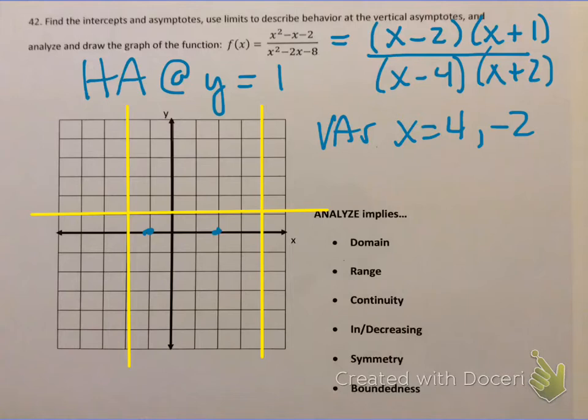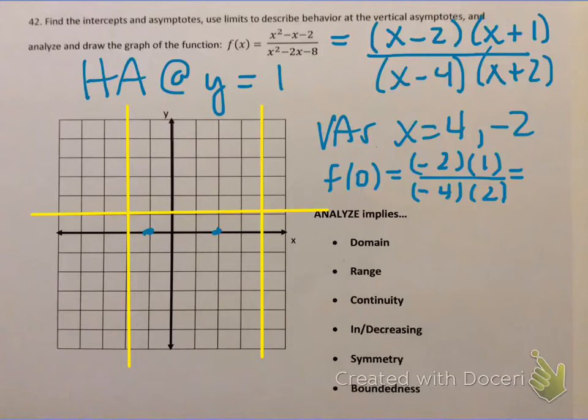Our y-intercept happens when x is 0, so we would do f of 0 equals negative 2, plugging into the factored form here, times 1 over negative 4 times 2. Well, that would give us negative 2 on the top, negative 8 on the bottom, so that's going to be positive 1/4. So we'll put a little dot at what appears to be positive 1/4.